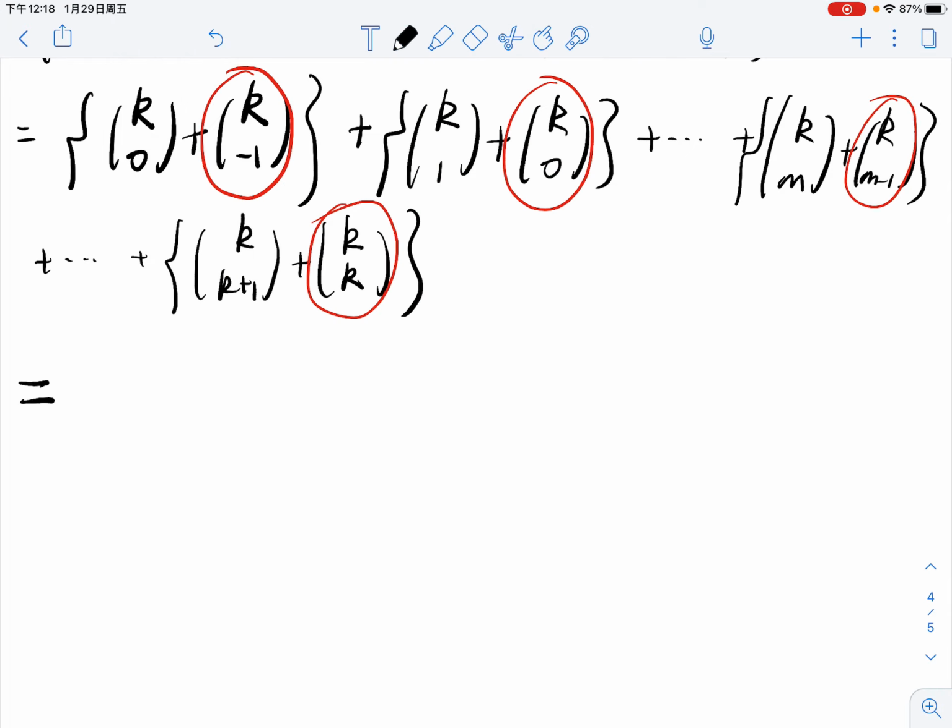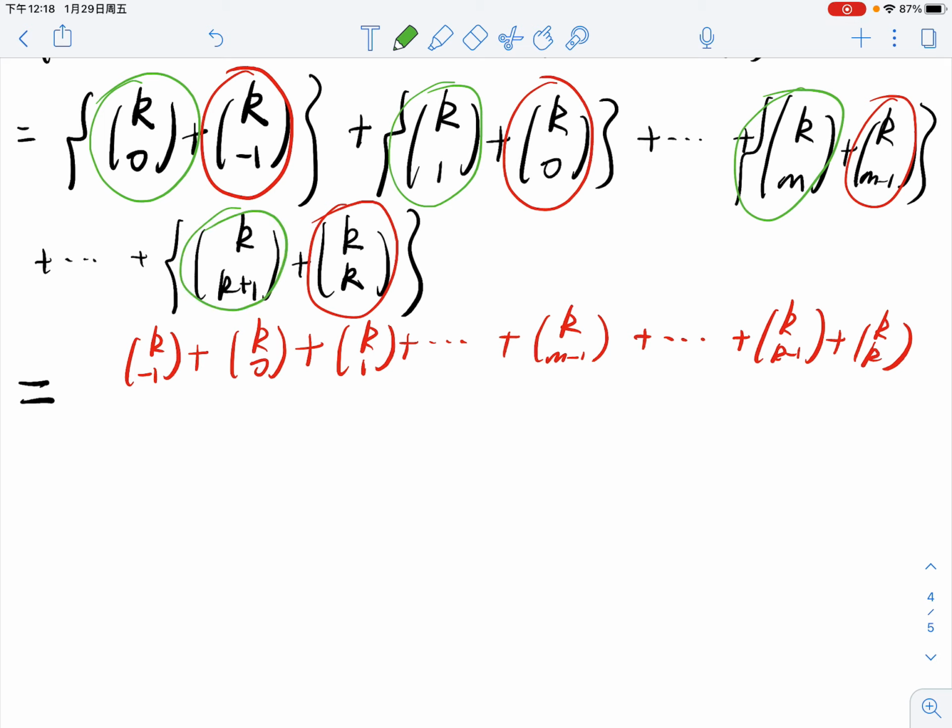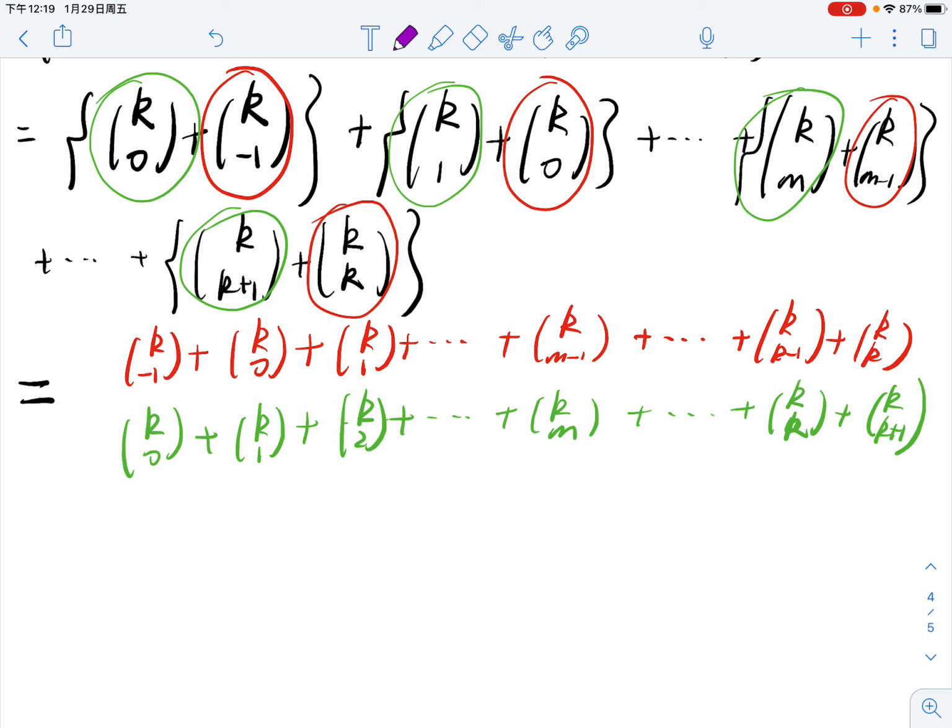And then we choose the remaining items in each parenthesis. So you have k choose 0 plus k choose 1 plus k choose 2 plus all the way to k choose m plus all the way to k choose k plus k choose k plus 1. Okay, then note that k choose -1 is 0, k choose k plus 1 is also 0.